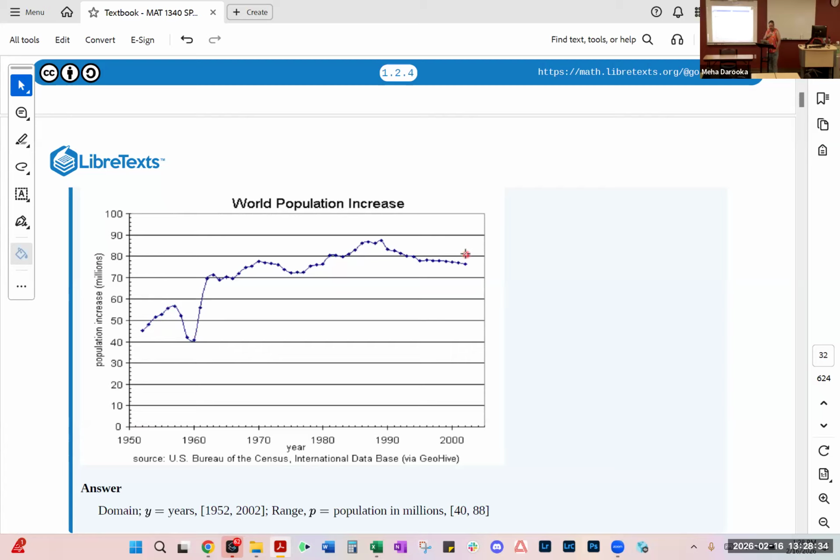So if you had to identify the domain, which remember is the input values, what do you think the domain for this example would be, this function would be? So will domain represent the year or the population increase? The year. The year, very good.